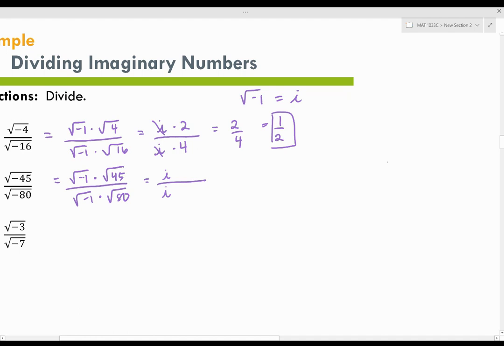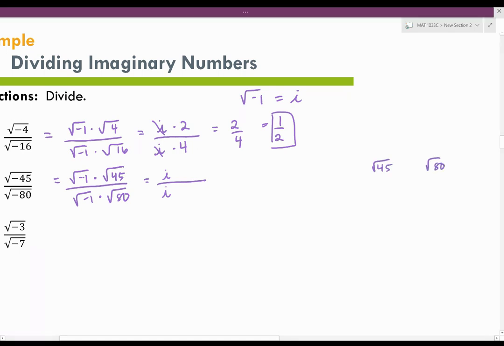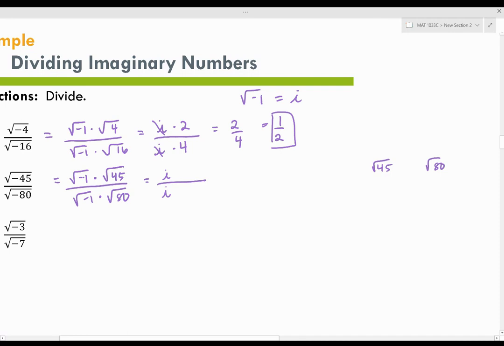Those are both not perfect squares, so we need to break them down into primes. 45 can be broken down into 5 times 9, and 9 is 3 times 3. So your numbers can come out in pairs. We have a pair of 3's, and the 5 will be left behind. So we have 3 square root of 5 for the first one.